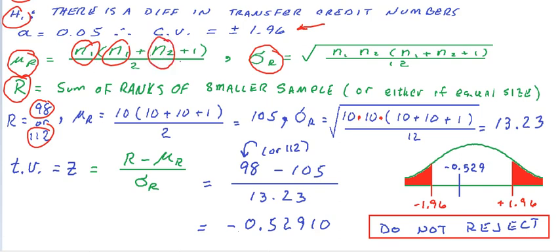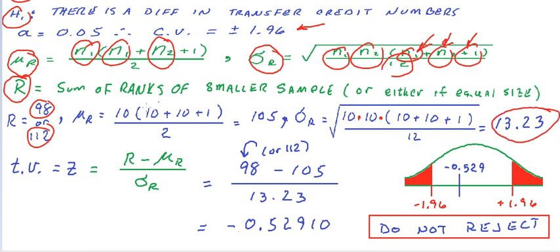They're both 10, so N1 is 10, N2 is 10. And then here, 10 times 10 times 21, because 10 plus 10 plus 1 is 21, divided by 12, take the square root, we get 1323. Over here, when we did this calculation, we get 105. And so we have our calculation here.